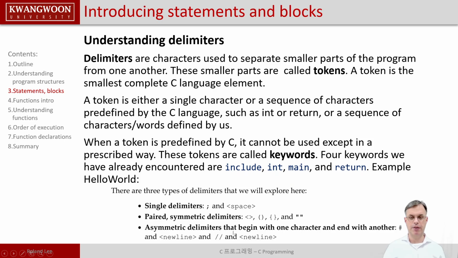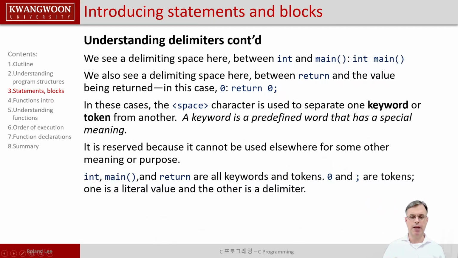Asymmetric delimiters that begin with one character and end with another one. Each of these has a specific use. Most of them have unique, unambiguous use. That is, when you see them, they can mean one thing and only that one single thing. Others have slightly different meanings when they appear in different contexts.